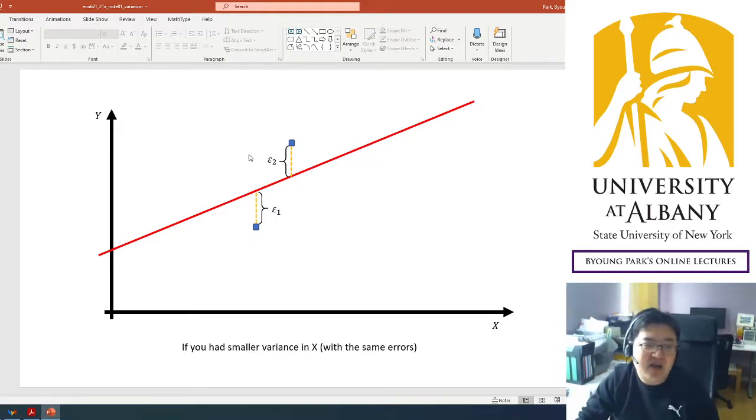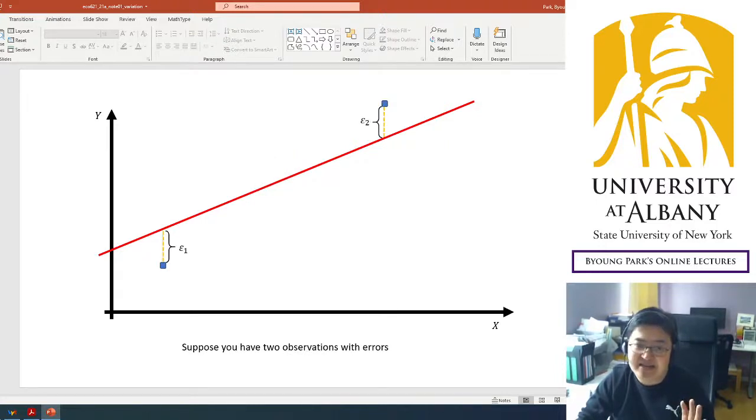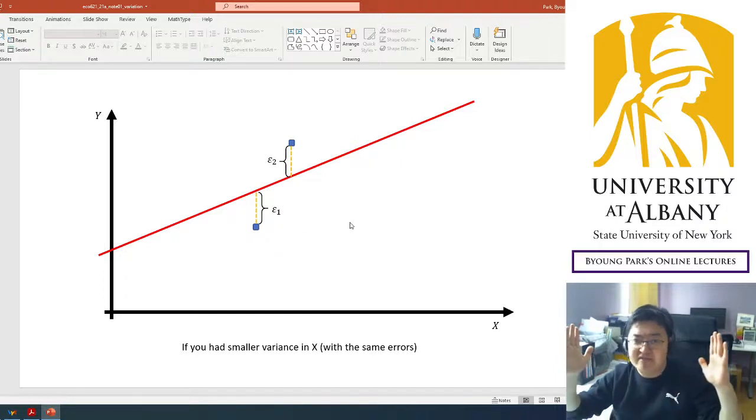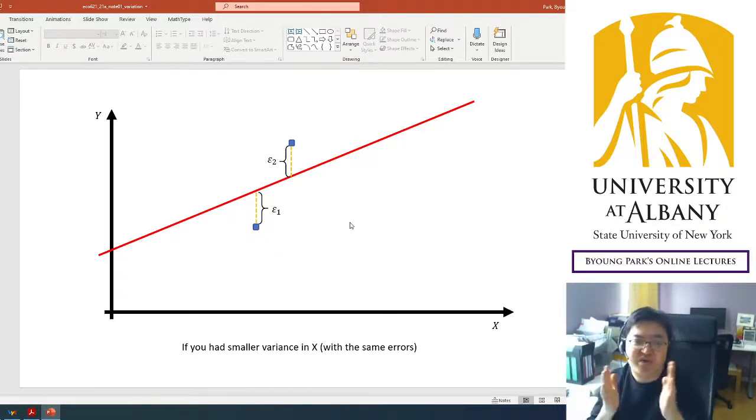However, I maintained the same amount of errors, so compare these errors to these. They are exactly the same because I copied and pasted. So the error sizes, the epsilons, are the same, but the only difference is the distance between those independent variables. So the variation in x is much smaller.